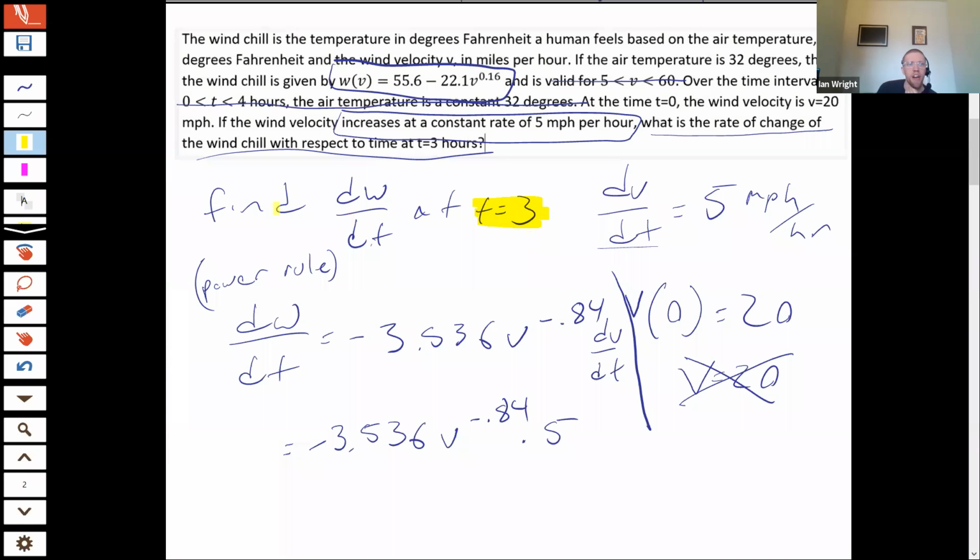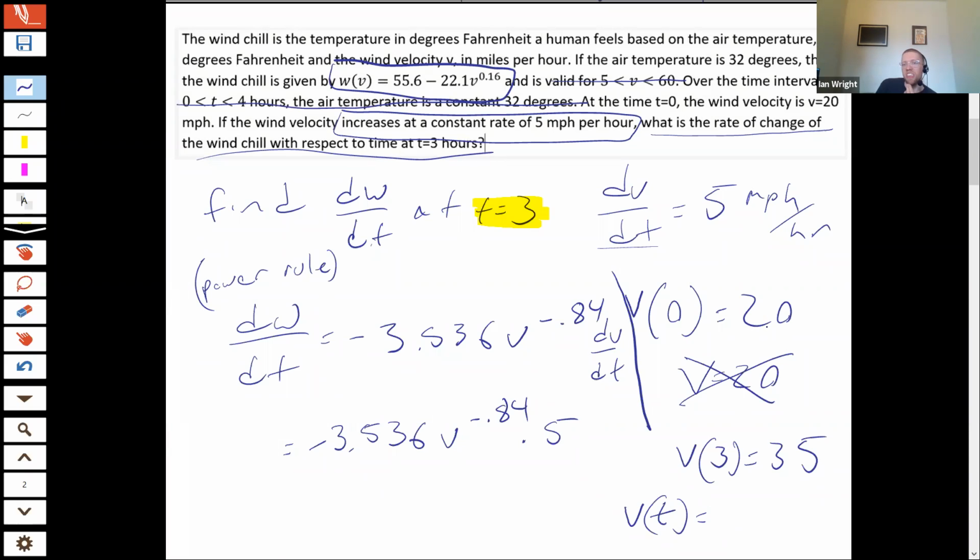Yeah, good call. 35. How did you get that? So v is a function of time.